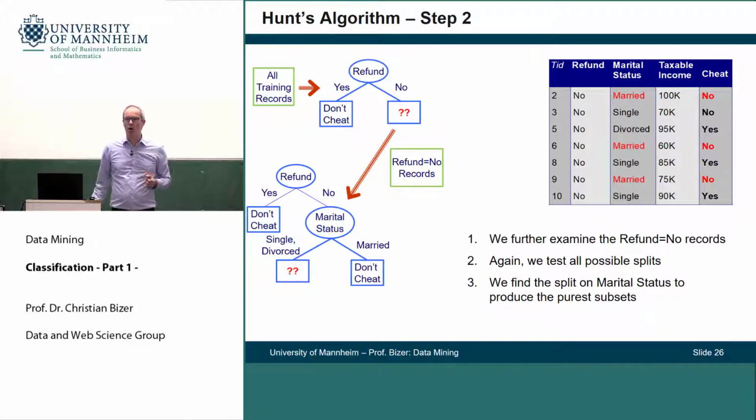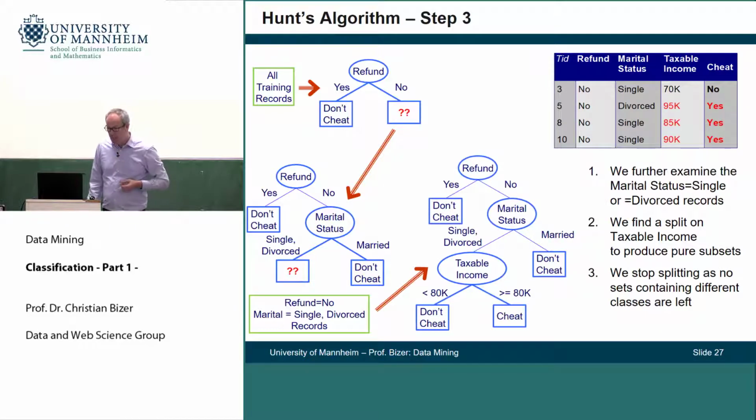Again, we check all possible splits. We look at whether we would split by marital status married, by marital status single, by divorced, again by different boundaries on the income, and we come to the conclusion that splitting into married versus other attribute values gives us the cleanest sub-buckets.